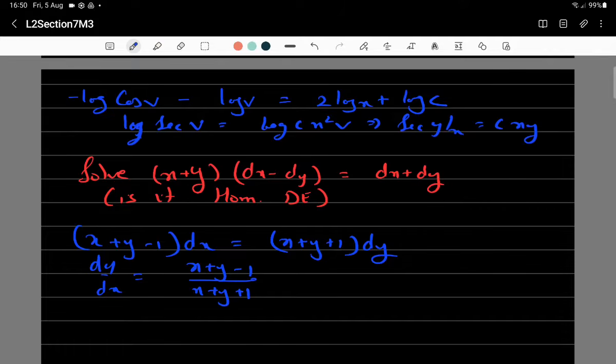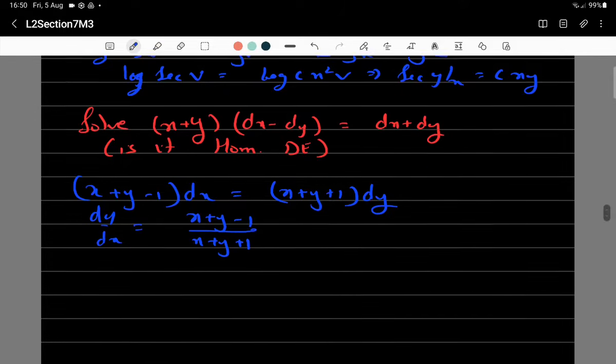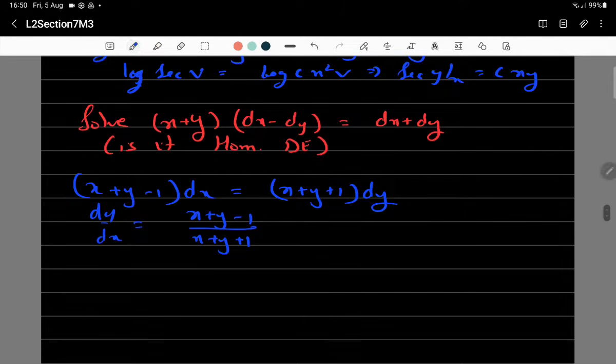And yes, it can be reduced, which is directly visible by taking x plus y as some variable t. So take x plus y is equal to t, that gives you 1 plus y dash is equal to t dash.